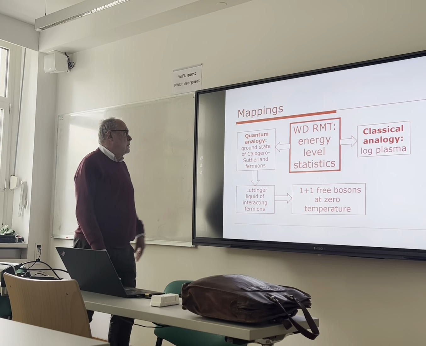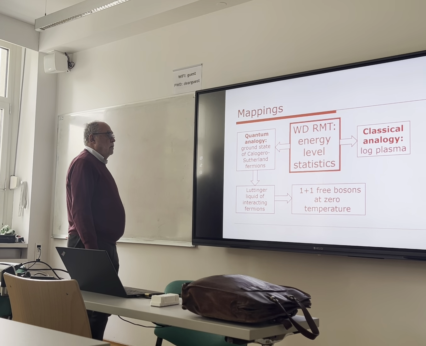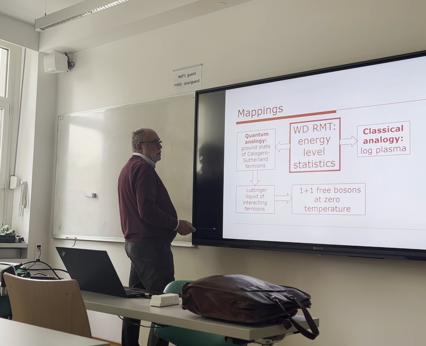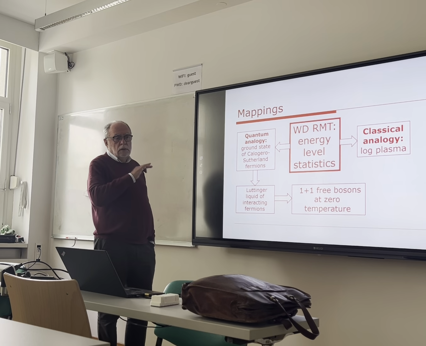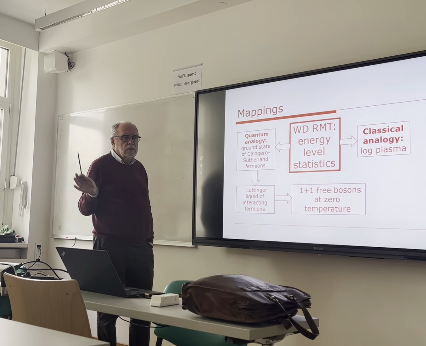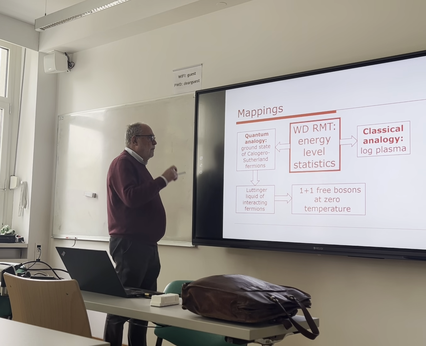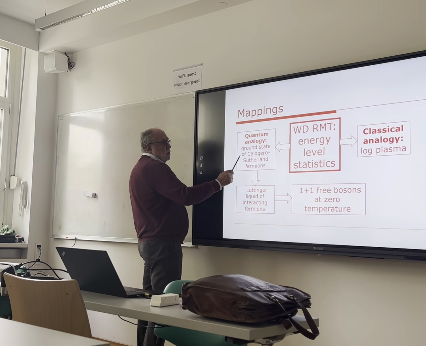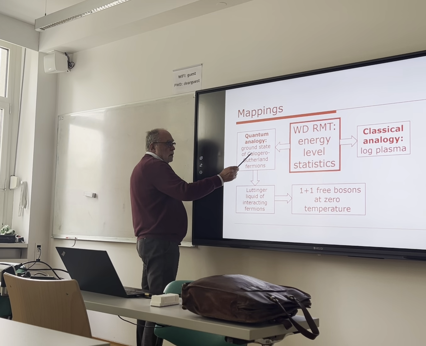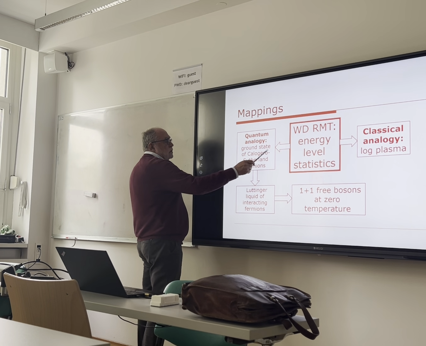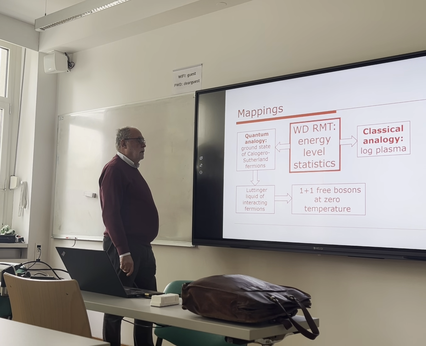So basically, this is the mapping which I am talking about. You have a Wigner-Dyson theory, and it can be considered as pure mathematical stuff without any reference to any physics, bosons, fermions, nothing, just mathematics. But then we know that it is equivalent to the ground state of these Calogero-Sutherland interacting fermions.